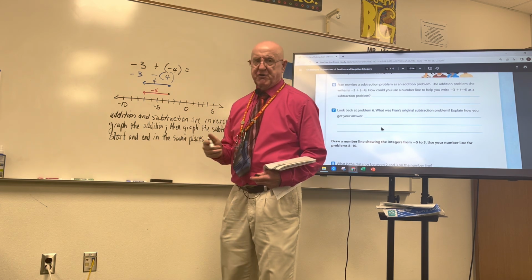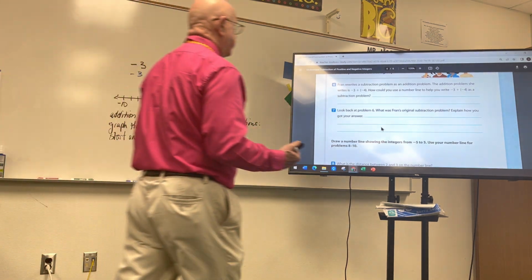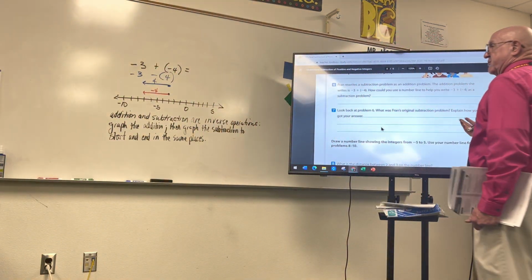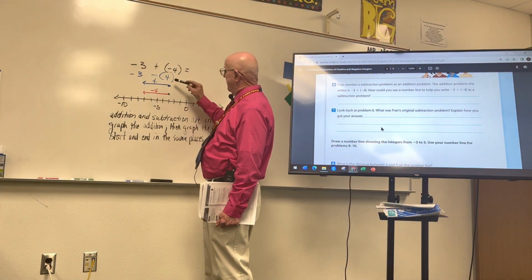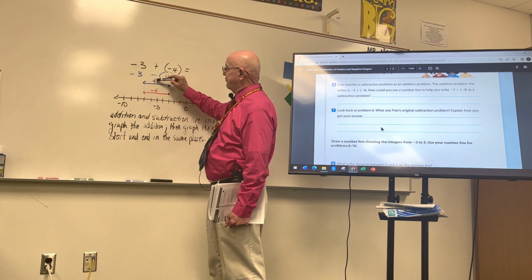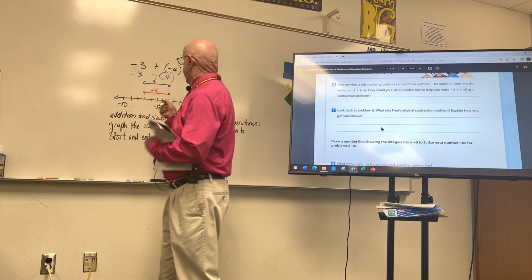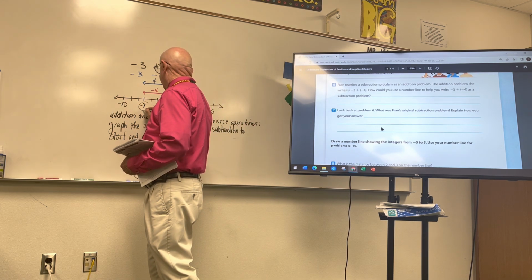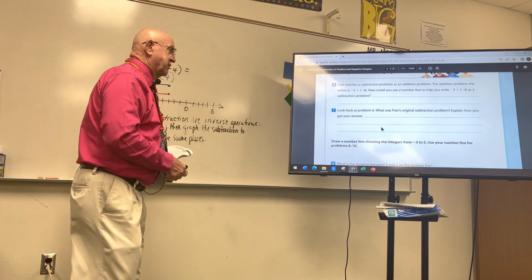Okay, I do start and end in the same places, and then what I do is write the subtraction equation from that second graph. So my second graph is this one, and it's -3 minus 4, right? And they're both equal to -7, and that is my answer to both of them. So they should start in the same place.